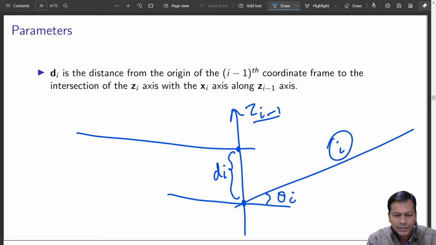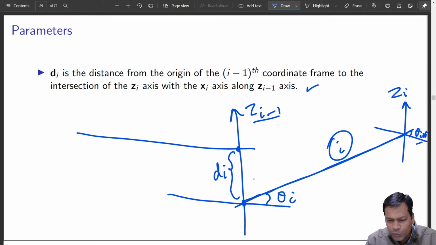Okay, so that is there. And then if at all this link also has, definitely it will have one axis that will be attached here, because that is the axis of rotation for the next link. This will be your theta i plus 1. If this is i, this will be i plus 1. So this is your zi.